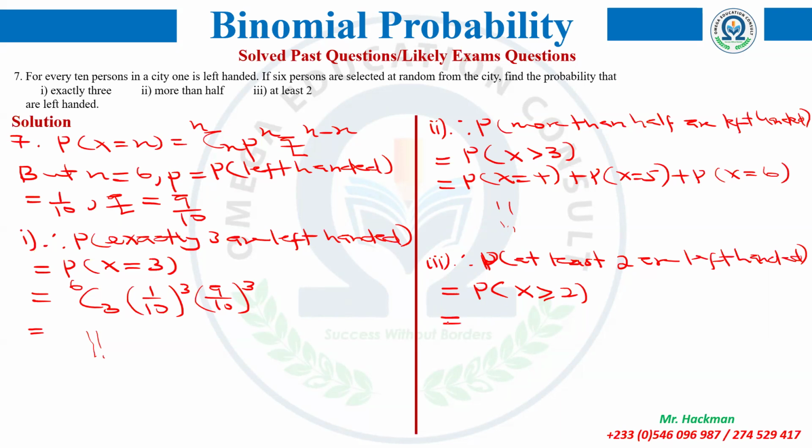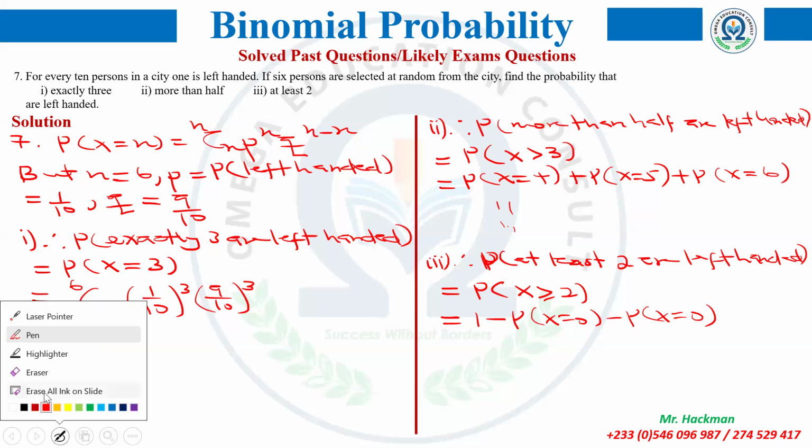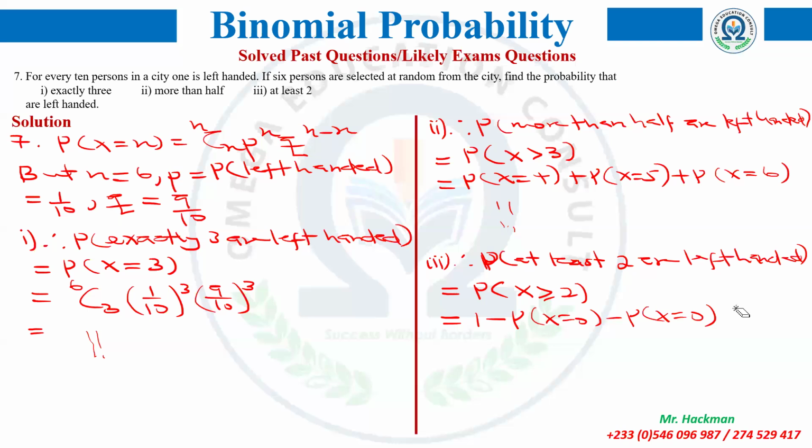So this will be equal to 1 minus P(X = 0) minus P(X = 1). All correct. I wrote 1, then I wrote 0.